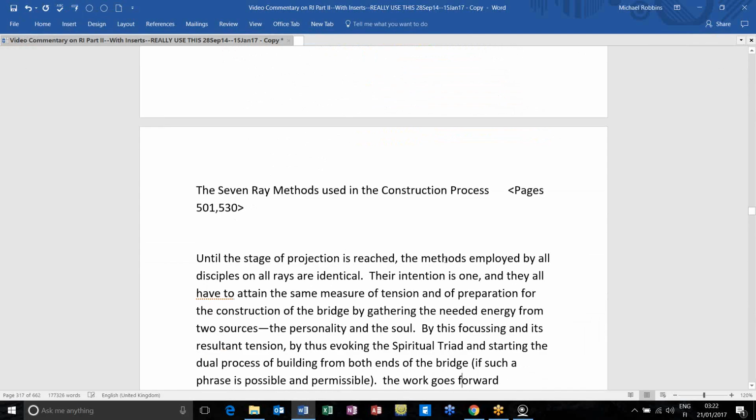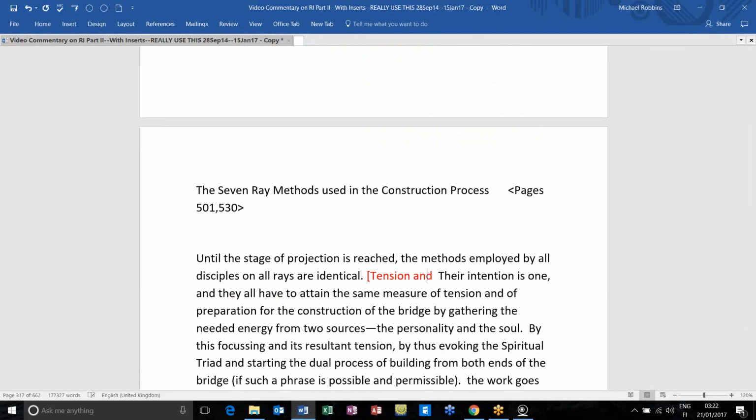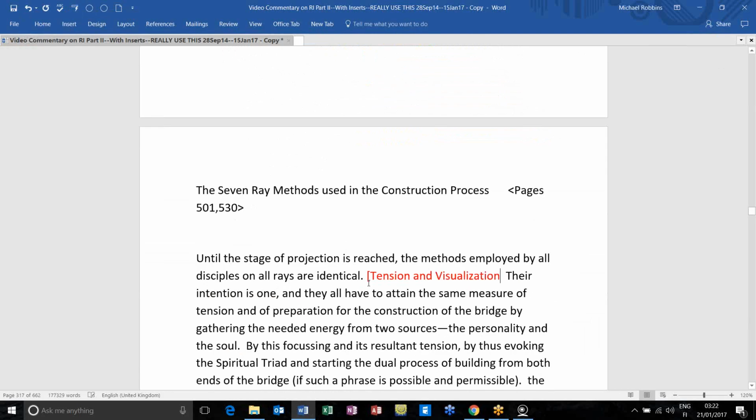Until the stage of projection is reached, the method employed by all disciples on all rays are identical. We have to gather the substance through intention, and we have to visualize the bridge. So we call this intention and visualization.